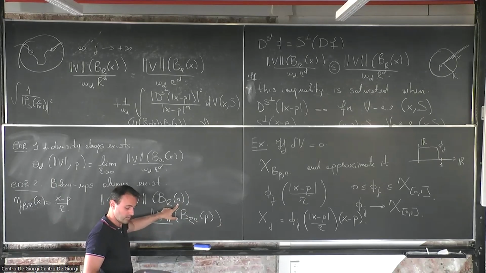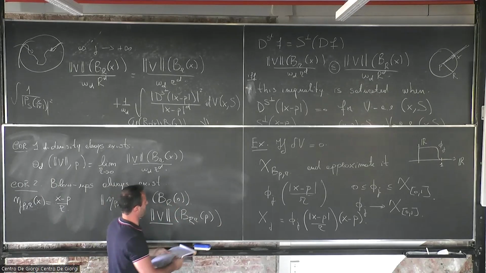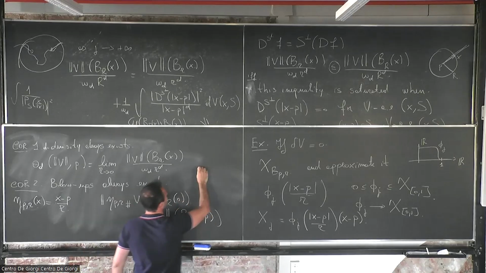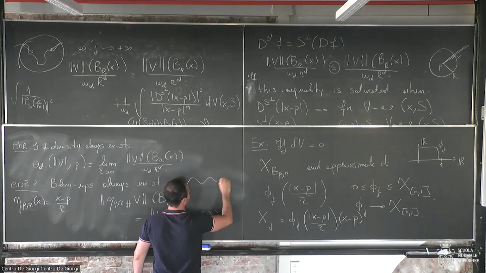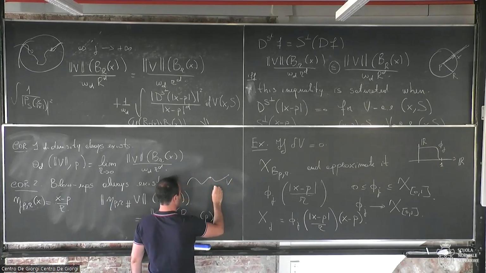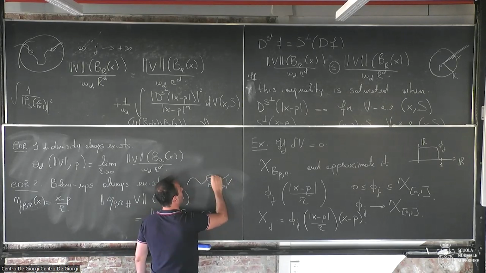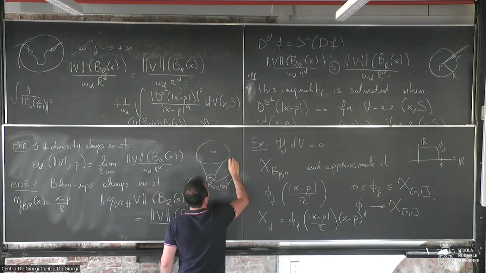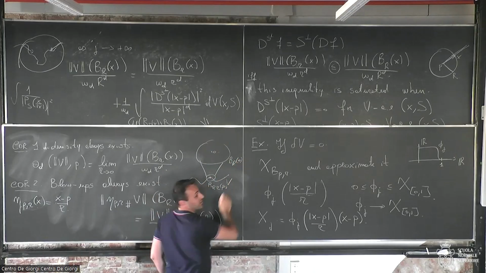So let me draw a picture because I'm going backwards, right? So this is the varifold. This is the ball P capital R little r, and this is the ball P R 0.